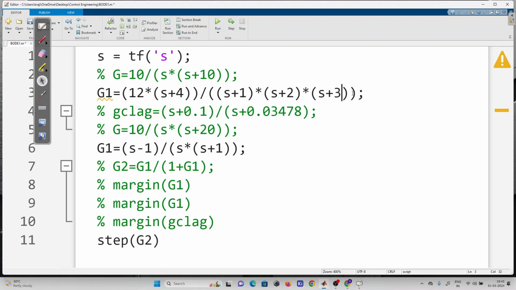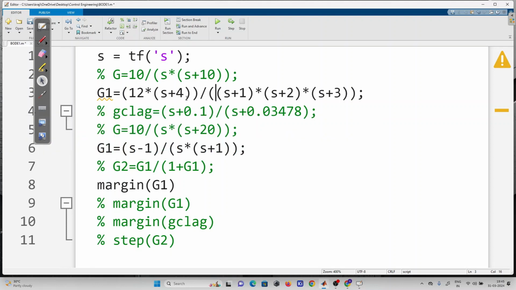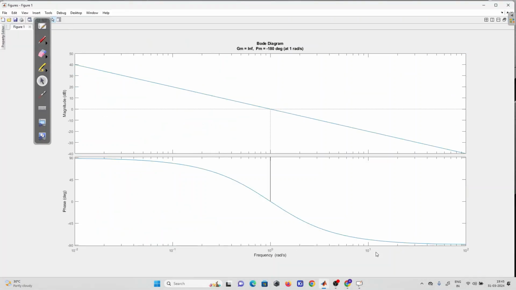Is it correct? 12 into s plus 4 divided by s plus 1, s plus 2, s plus 3. So we'll calculate the margin for this one. Margin G1. Something is a mistake there. 12 into s plus 4. Let's see. Hmm? Phase margin we are getting minus 180 degree at 1 radian per second.